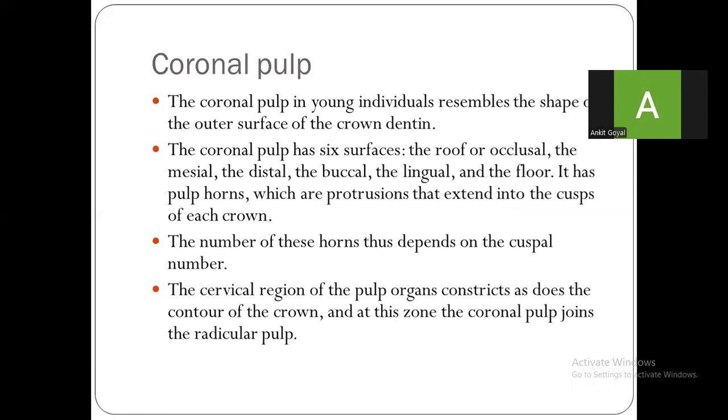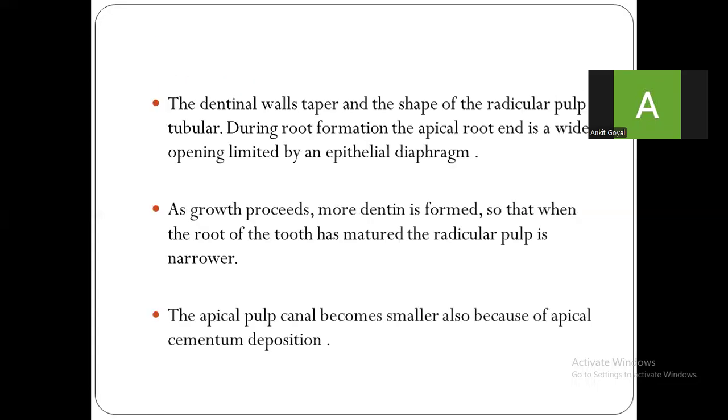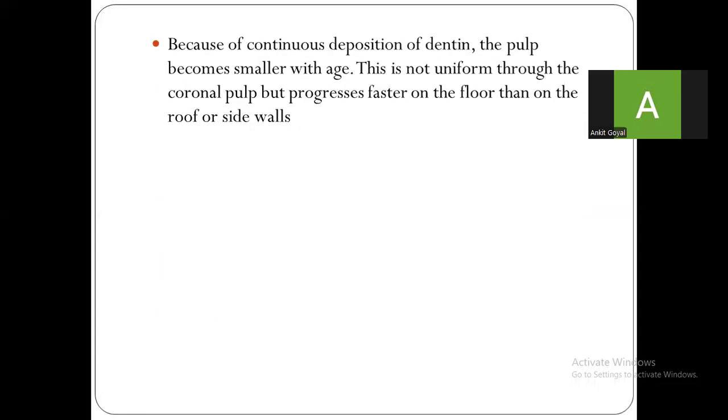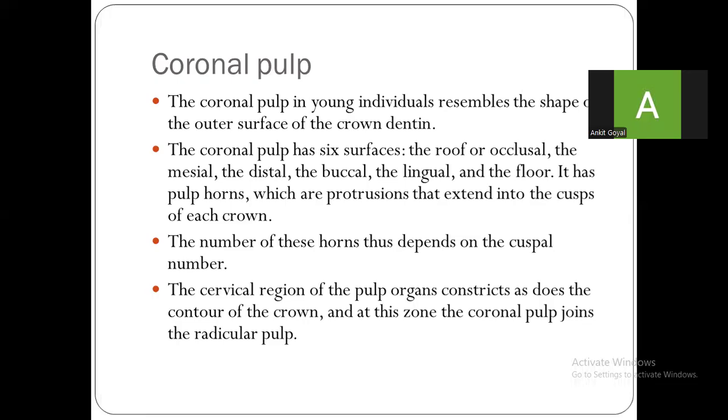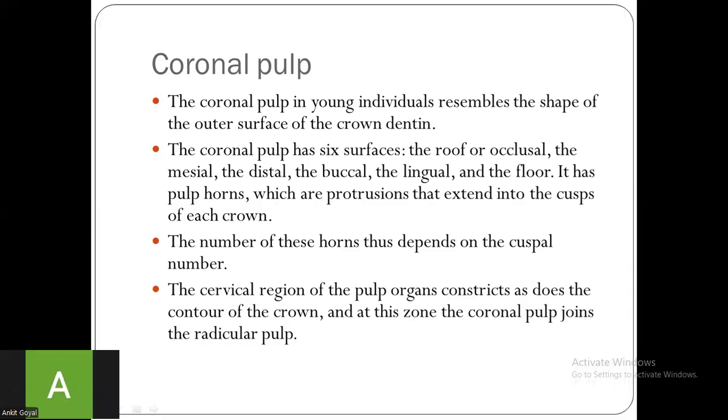Coronal pulp. The coronal pulp in young teeth resembles the shape of the outer surface of the crown dentin. The coronal pulp has six surfaces: the roof surface, the mesial surface, the distal surface, the buccal surface, the lingual surface, and the floor surface.